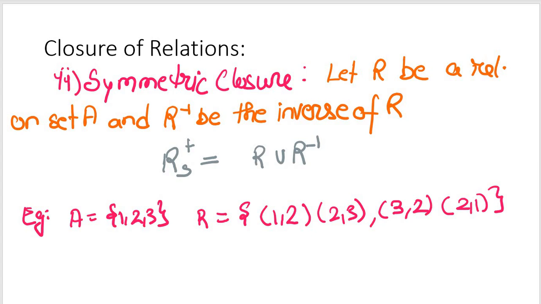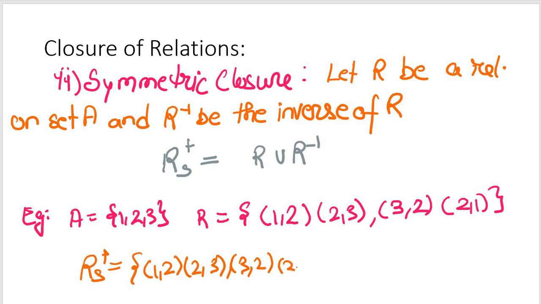Now I know that in order to get this symmetric closure, I have S plus, which will be R, which is (1, 2), (2, 3), (3, 2), and (2, 1). Now I'll add R inverse, so I have to add (2, 1), but I know that I already have (2, 1), so I don't need to add it further.